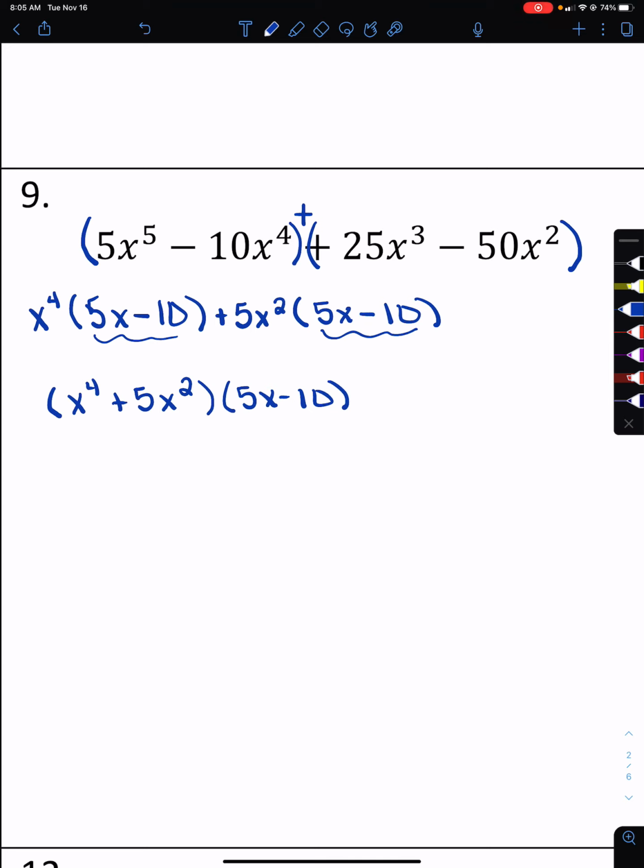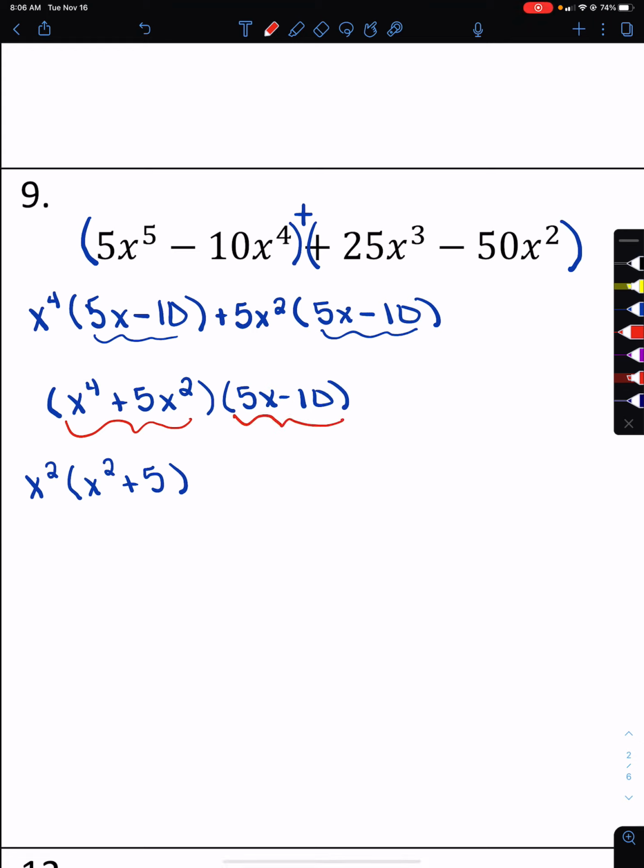Okay, now looking at this one, that first factor still has things that can be factored out. So here I can still factor out an x squared, and then I'm left with x squared plus 5.